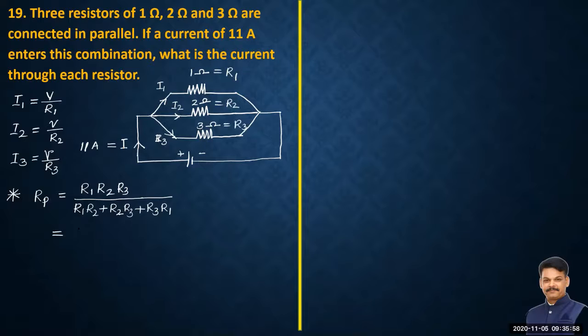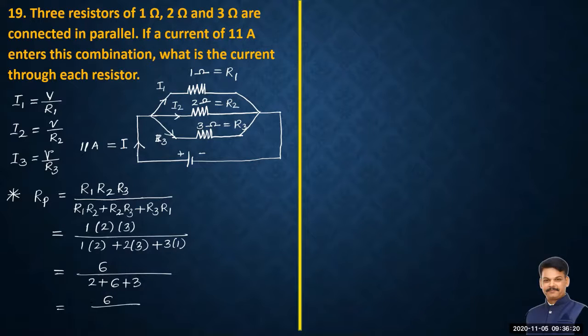So it is 1 into 2 into 3 divided by 1 into 2 plus 2 into 3 plus 3 into 1. Hence it is 6 divided by 2 plus 6 plus 3, which is 6 divided by 11. So Rp is 6 divided by 11 ohm. Keep it as it is, don't go for the decimal modification.